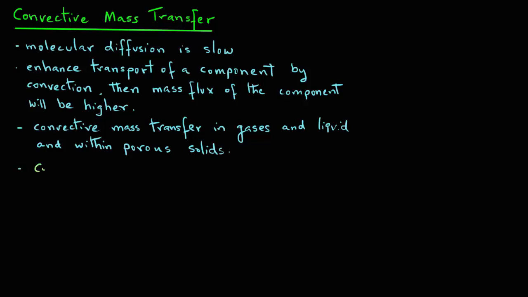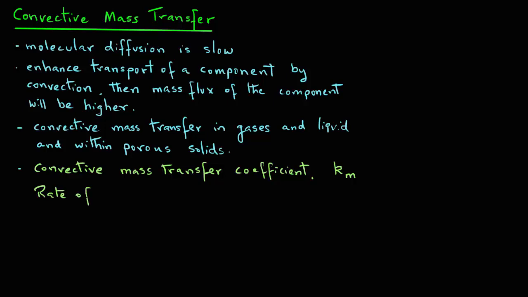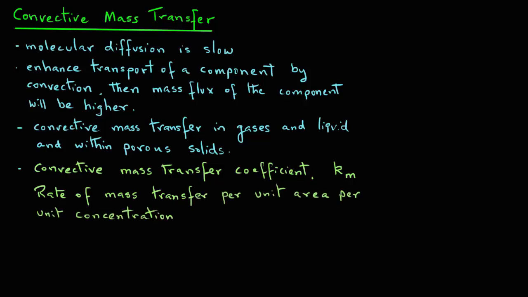The convective mass transfer coefficient is given a symbol Km. M stands for mass transfer and K is the symbol for the mass transfer coefficient, and it is defined as the rate of mass transfer per unit area per unit concentration difference.